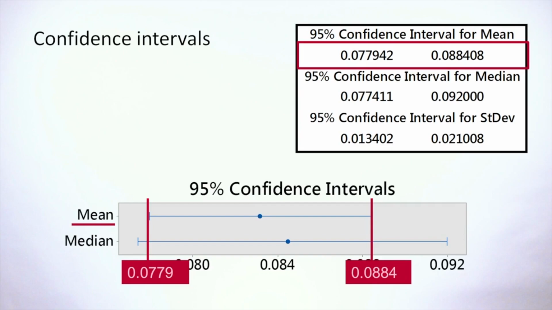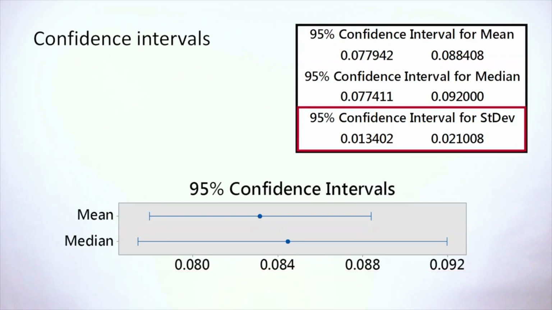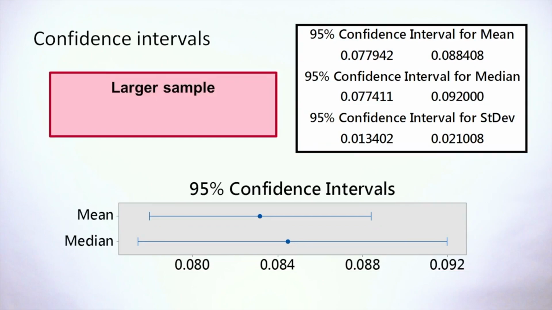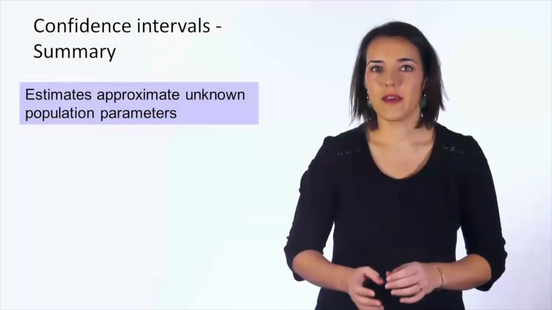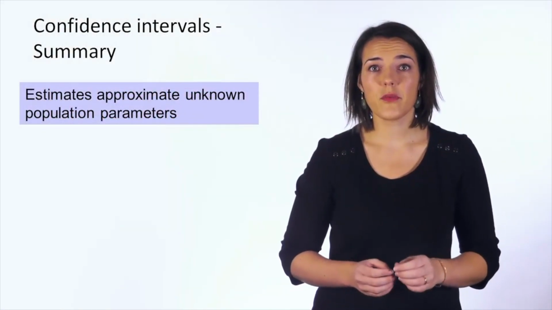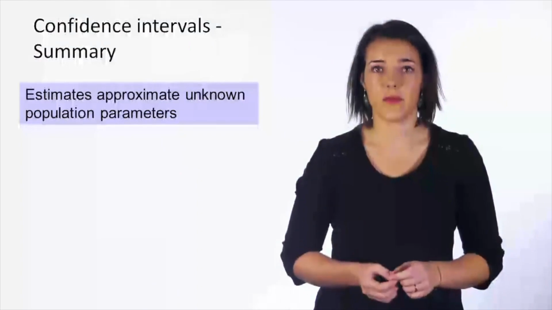You can also construct confidence intervals for the median or the standard deviation or any other statistic that you would like. Of course, if we would have a larger sample, the estimates will be more precise and our interval will become smaller. In summary, we use estimates to approximate an unknown population parameter.